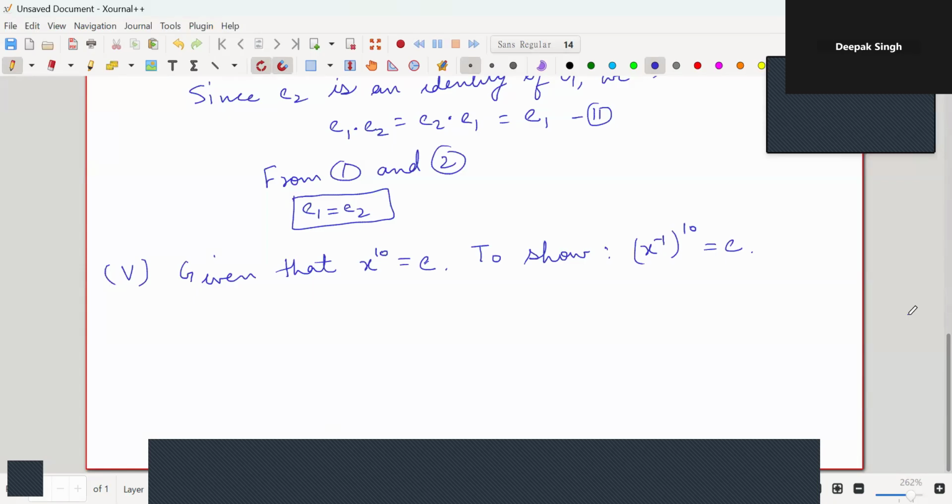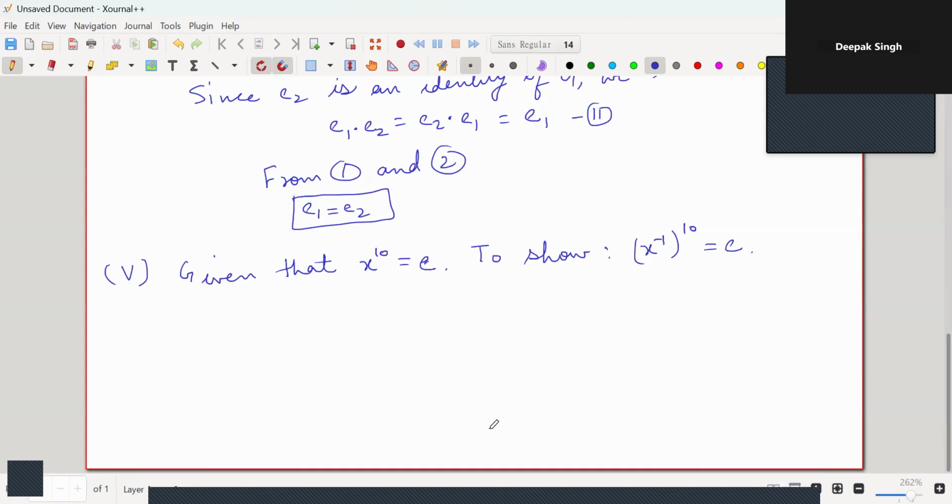So how to do that? Since X belongs to G, X inverse also belongs to G, right?